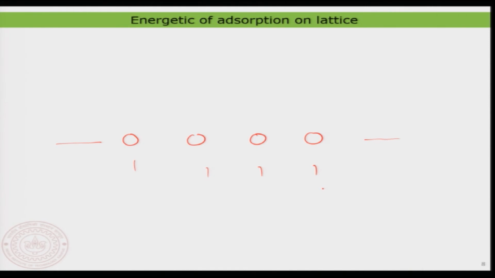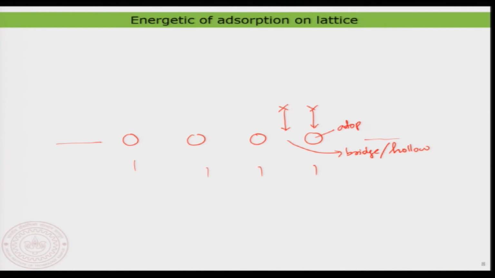Now, the point I want to make here is that, as we have already discussed in the previous slide, when the atom approaches the surface, it could approach along this particular point, or along this particular point. In that case, the atom is going to come to an atop situation, and here it is going to come to a bridge or a hollow site, depending on where it goes.